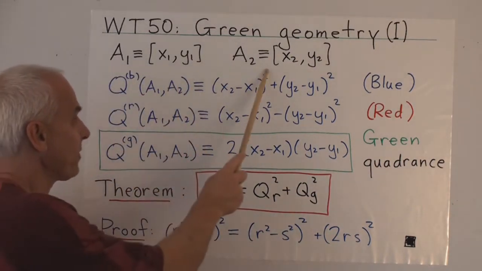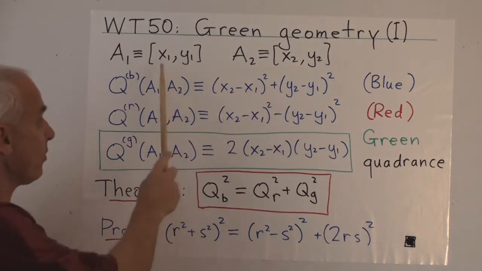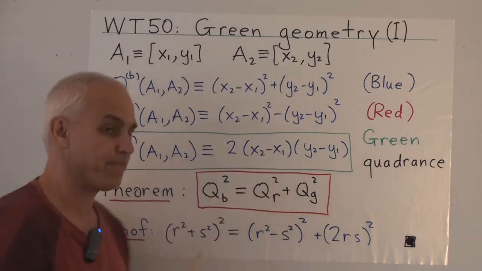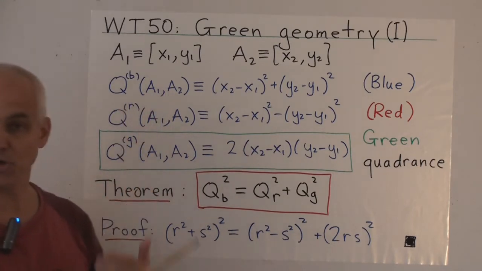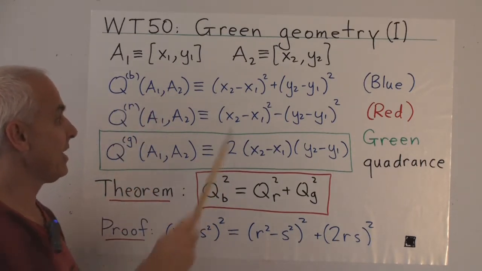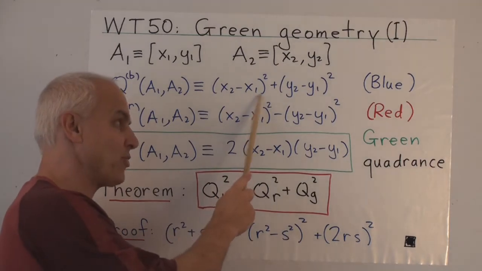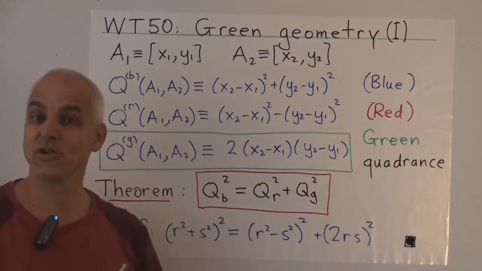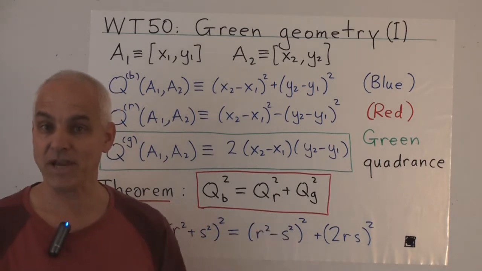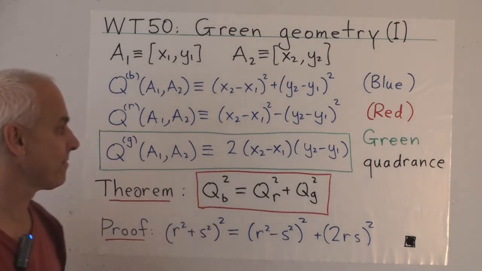Here are 2 points, A1 and A2, with coordinates x1, y1 and x2, y2. The blue quadrance between them, the standard Euclidean quadrance, is the difference between the x-coordinates squared plus the difference in the y-coordinates squared. That's what we've been studying for most of the videos in this series.